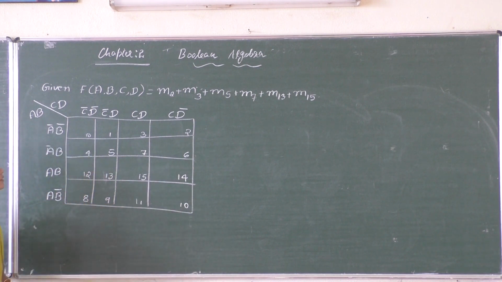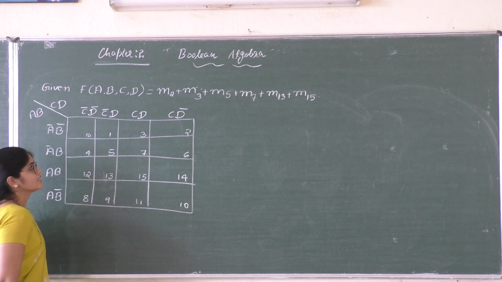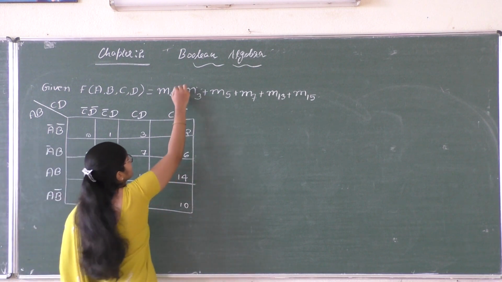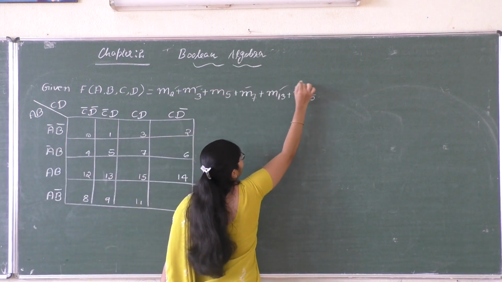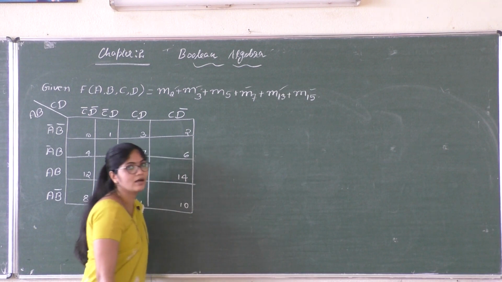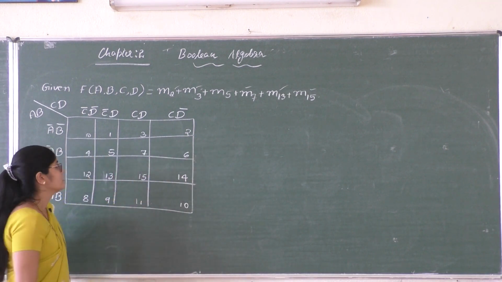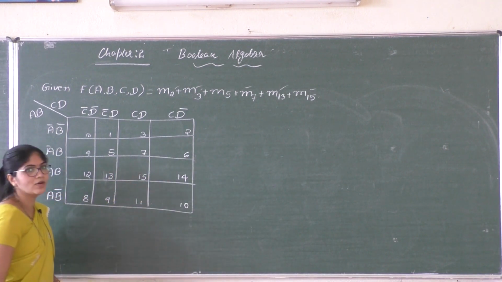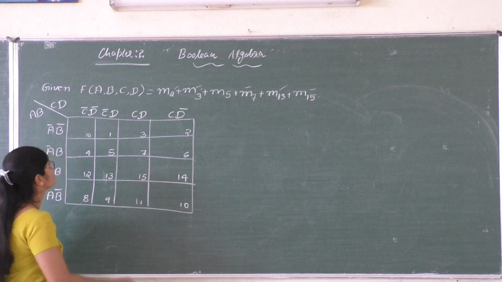The 2nd square, 3rd square, 5th square, 7th square, 13th square and 15th square have the output 1. So fill those squares with 1s and the remaining squares with zeros.